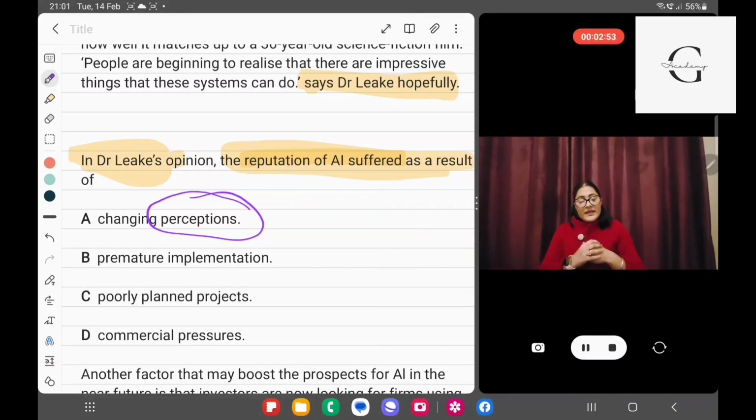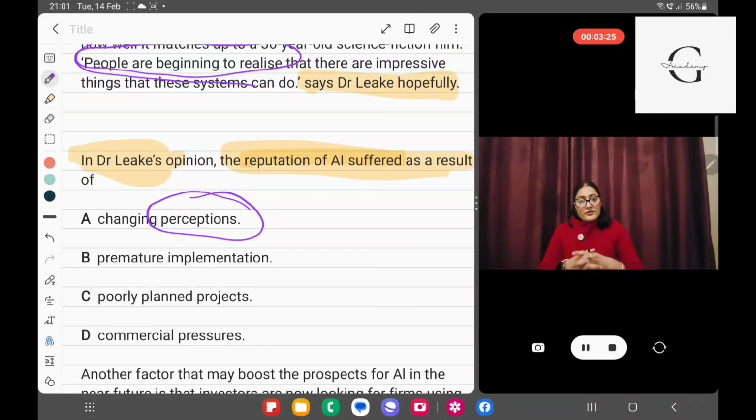So option A is your answer, changing perceptions, and the rephrasing is people are realizing. So if you see the word perception in the passage or in any question, you should look for the synonym that can be people's opinion, people realize that, people think that, people believe that. So basically these are the synonyms they use in reading. Instead of perception directly in the paragraph, they change it by these words.